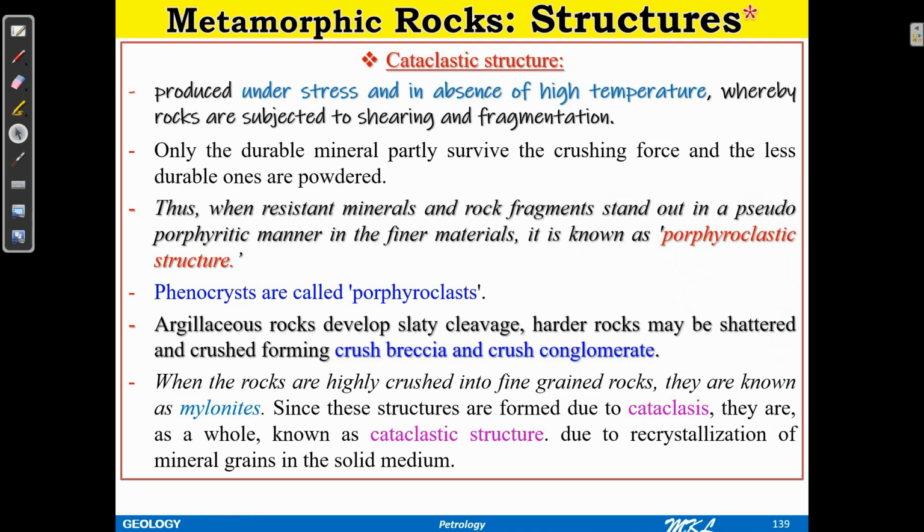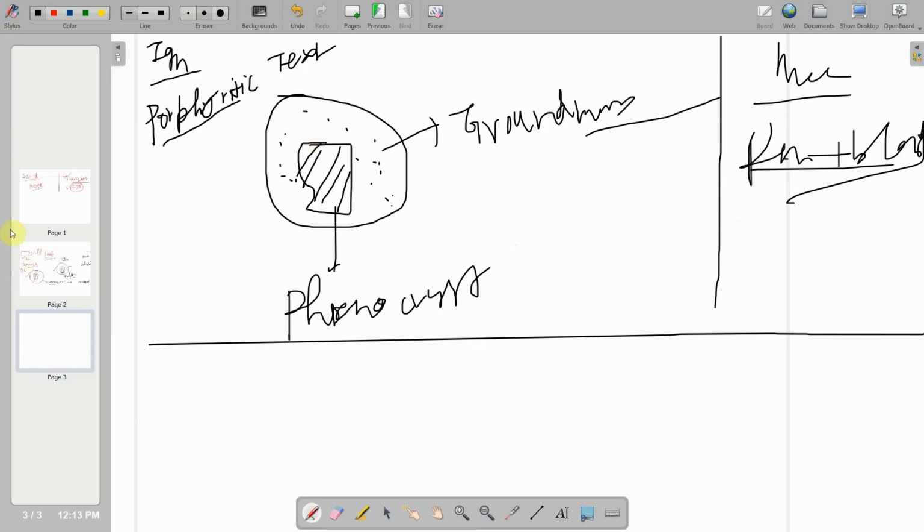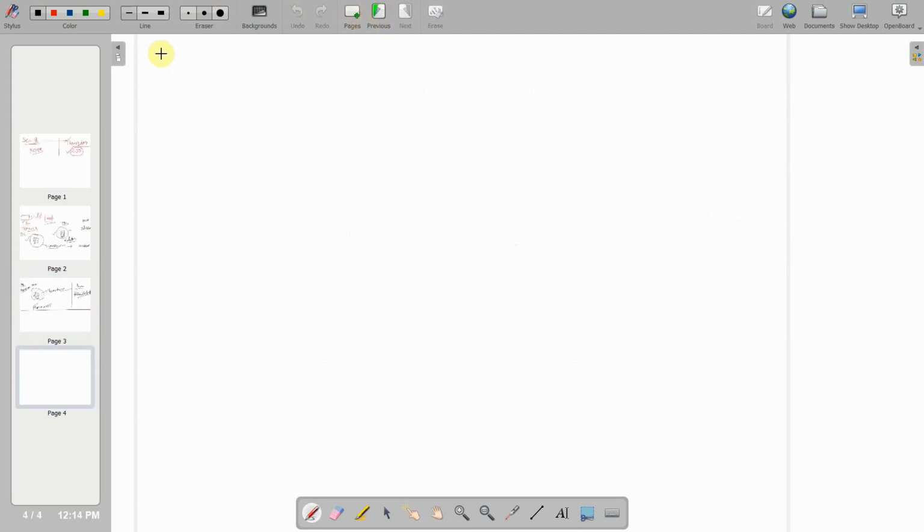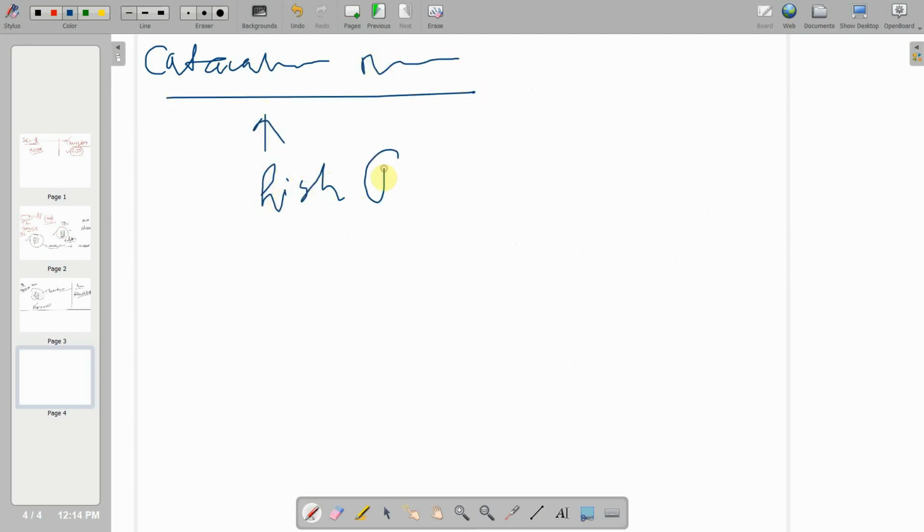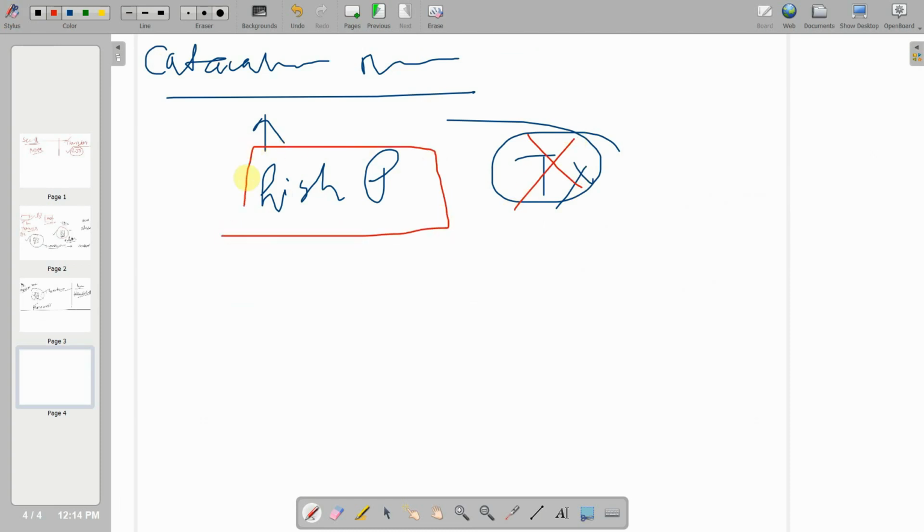That happens only with high pressure. There is a metamorphic term called cataclastic metamorphism, and that happens only by high pressure, no temperature is present. Remember this, temperature is not available, only high pressure.